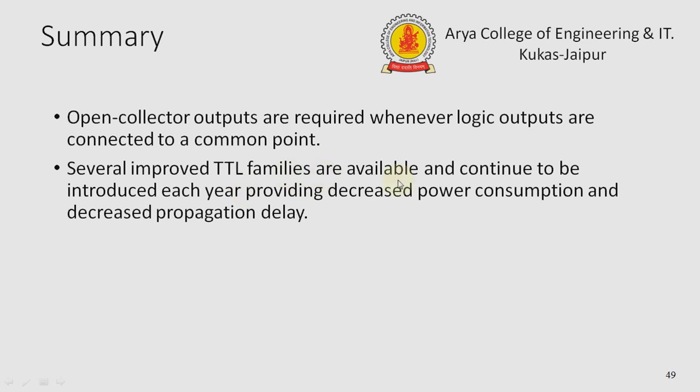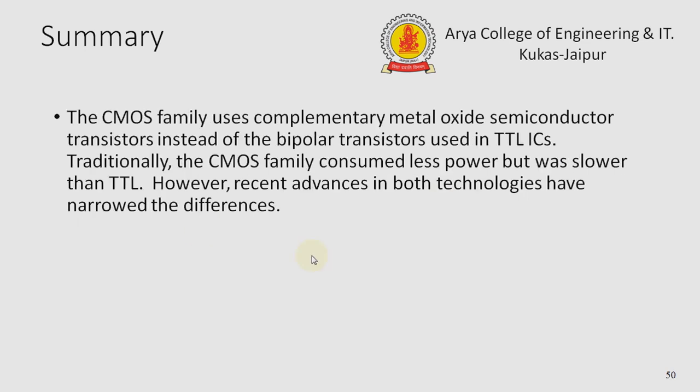Several improved TTL families are available and continue to be introduced each year, providing decreased power consumption and decreased propagation delay. The CMOS logic family uses complementary metal oxide semiconductor transistors instead of the bipolar transistors used in TTL ICs. Traditionally, the CMOS family consumed less power but was slower than TTL.